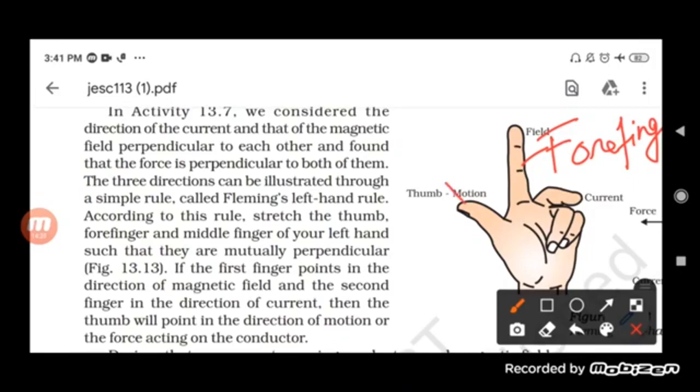So the forefinger, or the first finger, shows the direction of the magnetic field, and the middle finger shows the direction of the current. So if the magnetic field is shown by the forefinger and the current is shown by the middle finger, then the thumb will show the motion or the displacement of the object. This is the Fleming's left hand rule.